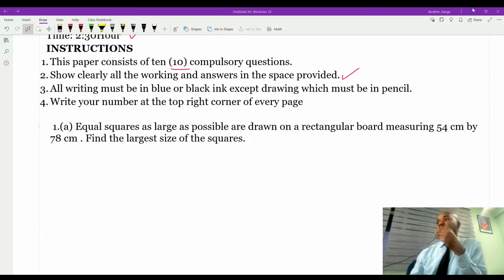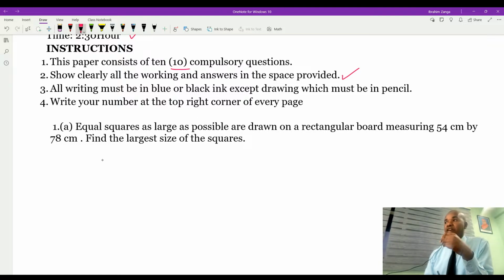And now with prime factorization method, I'll be taking 54 and 78. We're going to break down them such that we'll be having 54 here and 78 there. So breaking them down with our prime factors, we'll be starting with 2, this will be 27, and then 39.